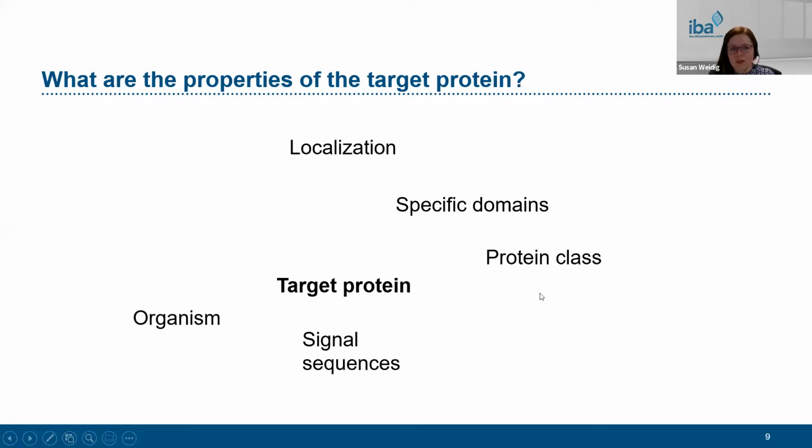And the 2 last properties I want to focus on today are the isoelectric point and the size or molecular weight of the protein.